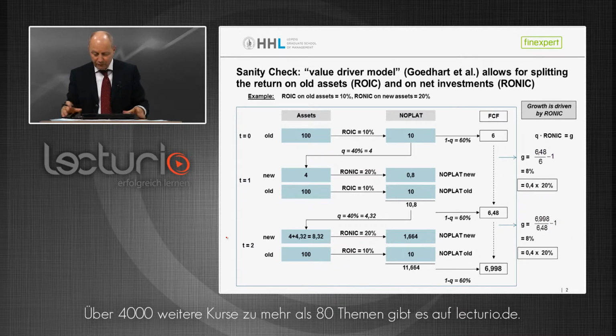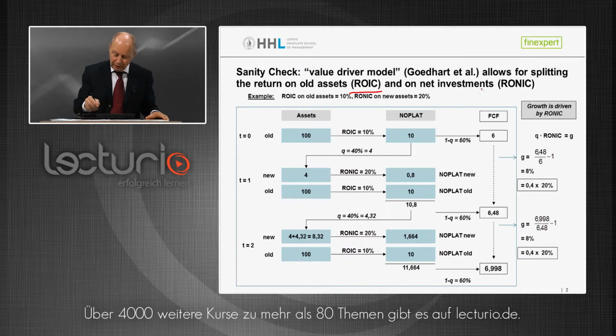The extension of the Gordon-Shapiro model is a model developed by Bernhard, Kohler and Wessels in their famous corporate valuation book. This extension allows us to split the rate of return on the assets into the ROIC of the old assets in place and the ROIC of the newly acquired assets by the retention.